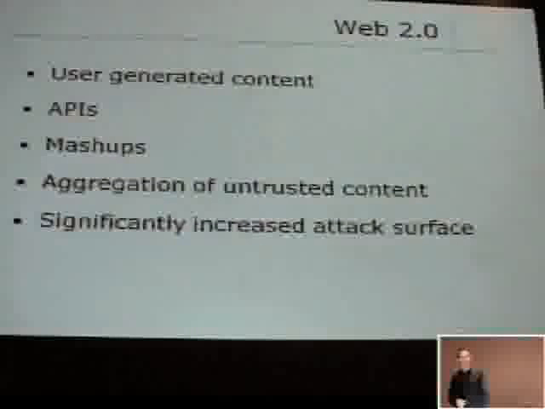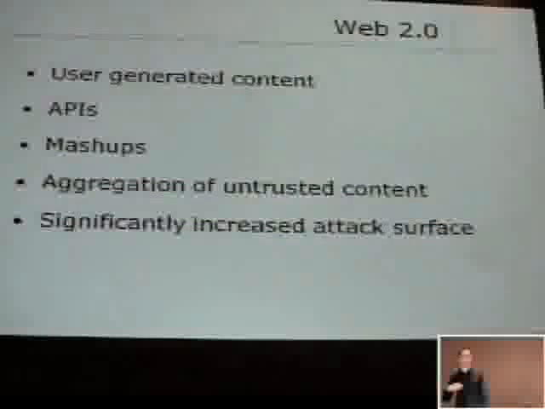You also have mashups, like the mashup between Craigslist and Google Maps that combined them and showed available apartments for rent on a map. So perhaps the developer of that mashup can trust the stuff that's coming from Google Maps, but can they really trust the data that's coming from Craigslist?